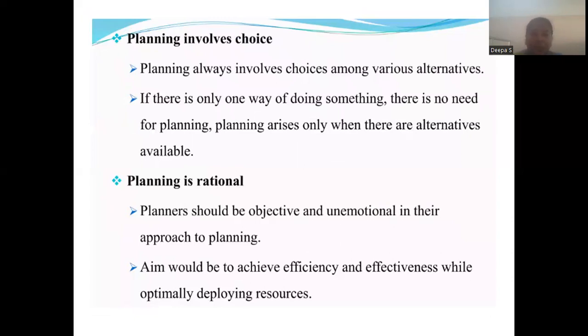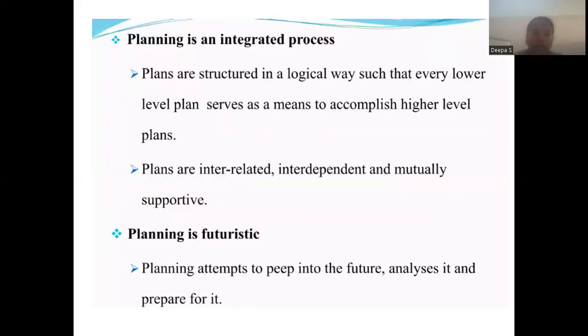Planning involves multiple choices. You can have various ways and select any one way, but it has to achieve the goal. Planning is rational. Planning should be objective, not emotional. You want to achieve the goal in an efficient and effective manner by using the resources.